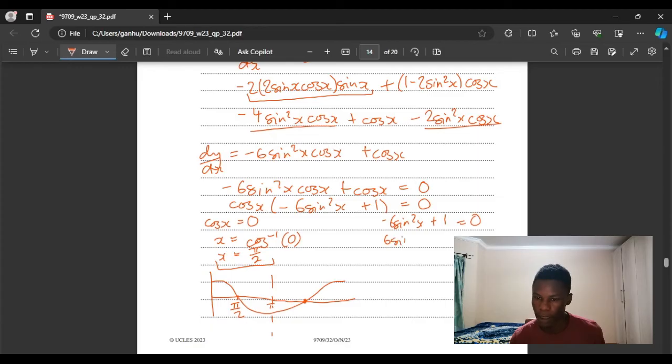So this becomes 6 sin squared x is equal to 1, sin squared x is equal to 1 over 6. Sin x is equal to, take the square root of both sides, so you get plus or minus root 1 over 6, and here you get x is equal to arcsin of plus or minus root 1 over 6.